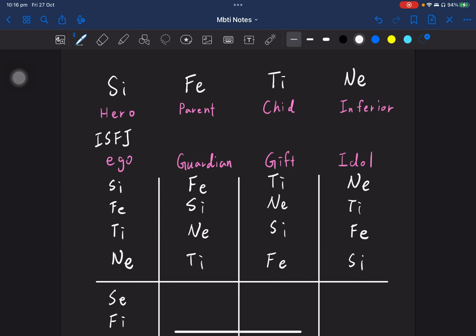The next thing is you can double check. This one should be the completely reverse order of this one. So NE, TI, FE, SI. And this one is the reverse order of this one, and vice versa. Okay?